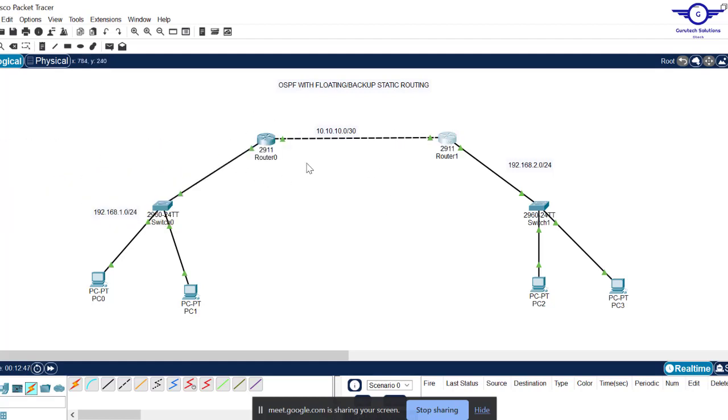Also, router 0 will know that there is another network in the topology that is not directly connected to it, although it's connected to router 1. So it's very important to understand the concept of routing. There are several types of routing and we've done them. In this video, we're going to configure OSPF.